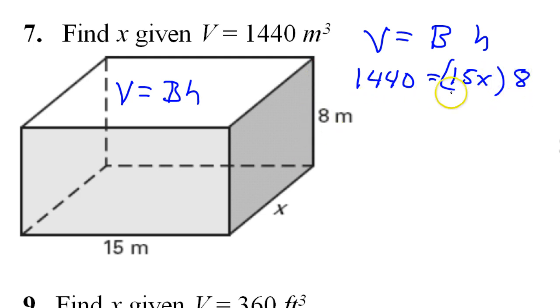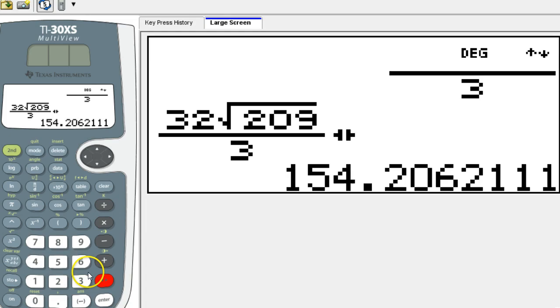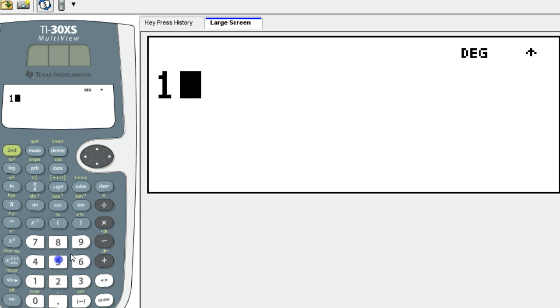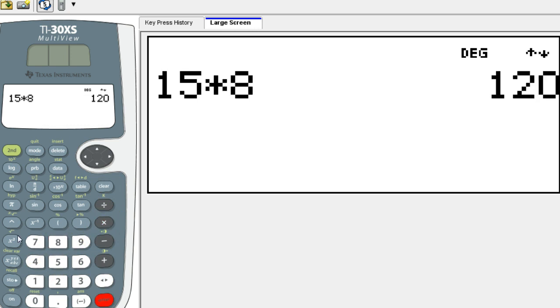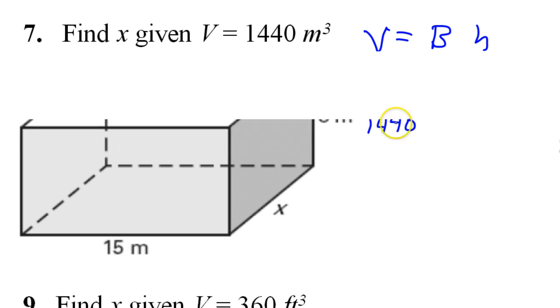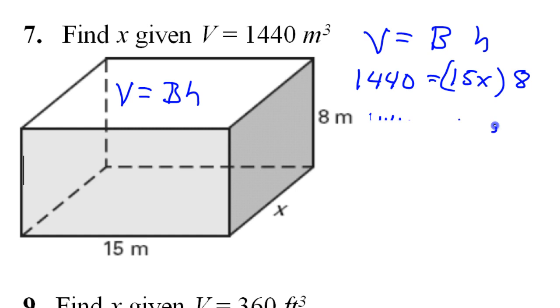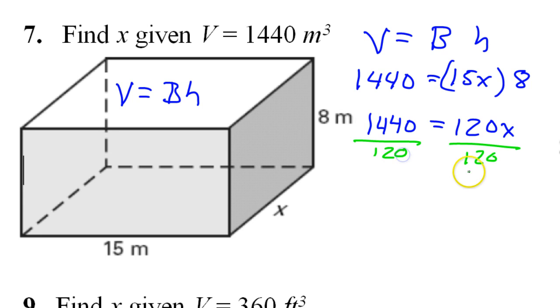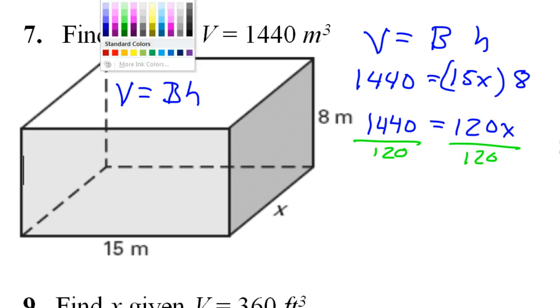Okay, so we have this. So all we have to do is really solve this for x. Now 8 times 15 is 120. So that means what we have is 1,440 equals 120x. So we need to divide both sides by 120 to get x by itself. Okay, so those will cancel out.